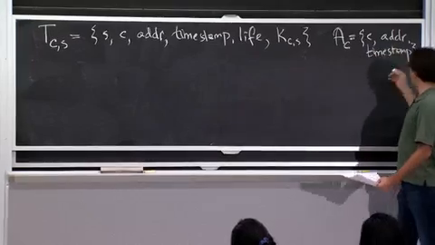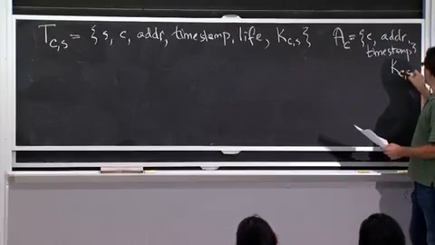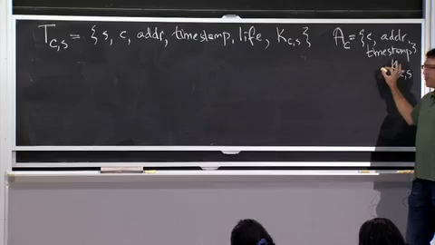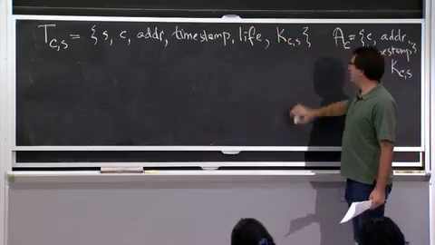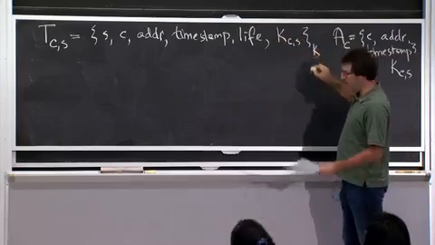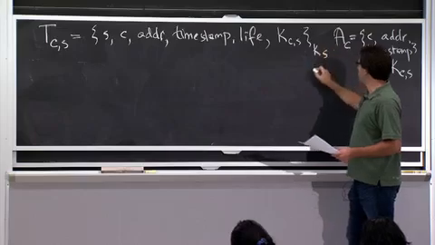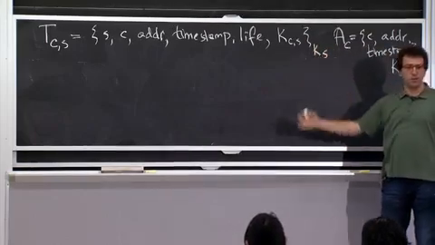The authenticator is typically encrypted with the key between the client and the server, so it has to do with a particular connection between a client and a server. And the Kerberos ticket itself is typically encrypted with the key for the service, KS. So the subscript notation denotes encryption with a particular key.